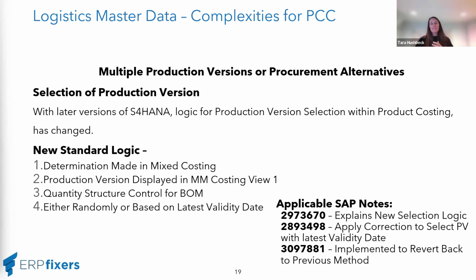So depending on what version of S/4HANA, or SAP, excuse me, that you're on, if you are on a later version of S/4HANA, the logic for how product cost controlling or product costing selects which production version to use at the time of the cost estimate has changed.